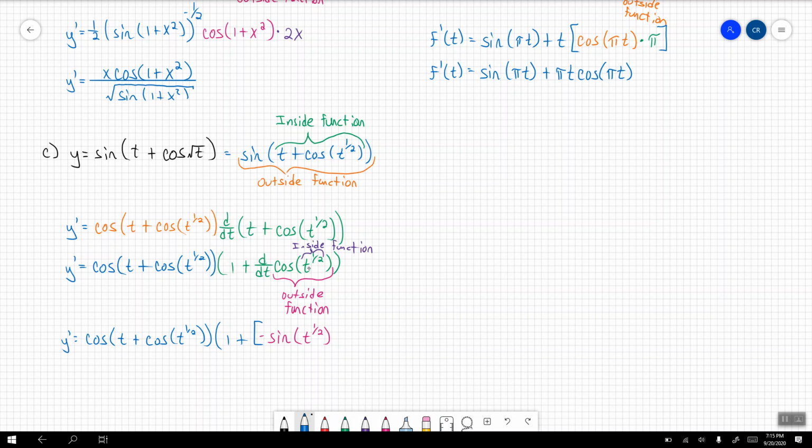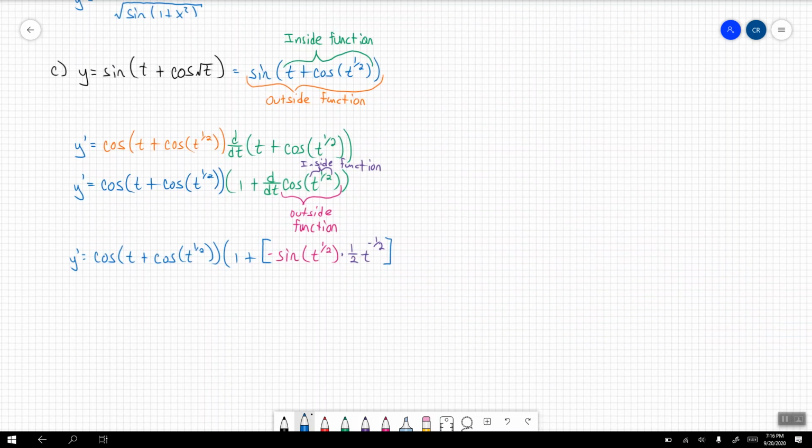So that derivative, we know to be 1/2 multiplied by t to the power of negative 1/2. And again, that was applying the chain rule to that initial derivative.